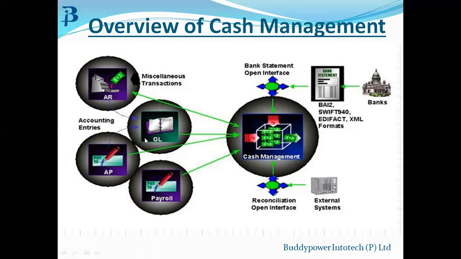The forecasting open interface also allows you to project cash flows from external systems, with distributed database support in Cash Management. So you can generate a forecast that combines all your relevant transaction information from both your local and your remote databases, which may be across regions.